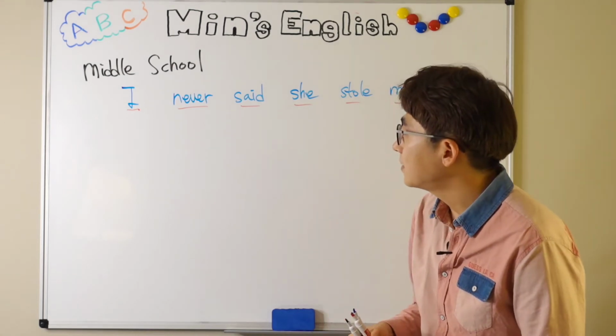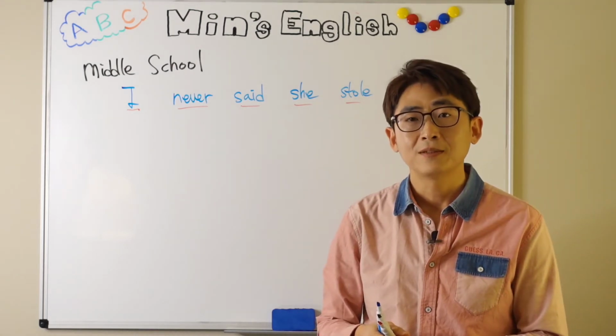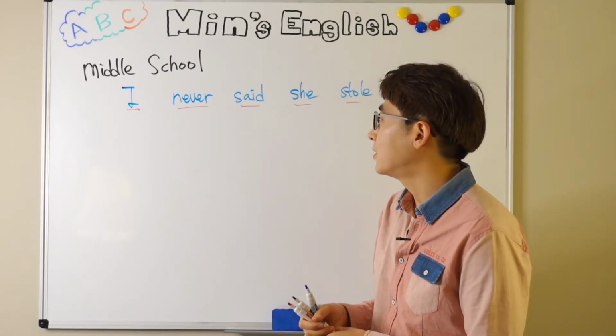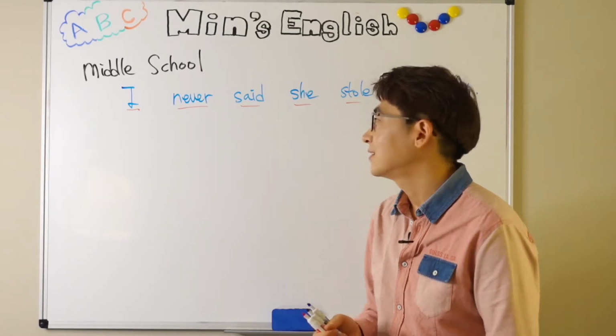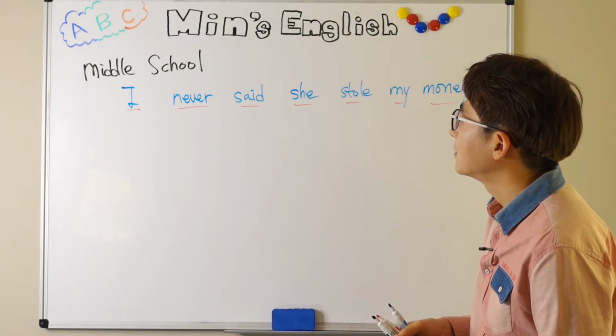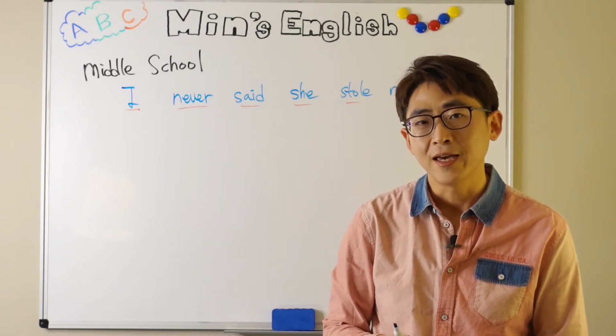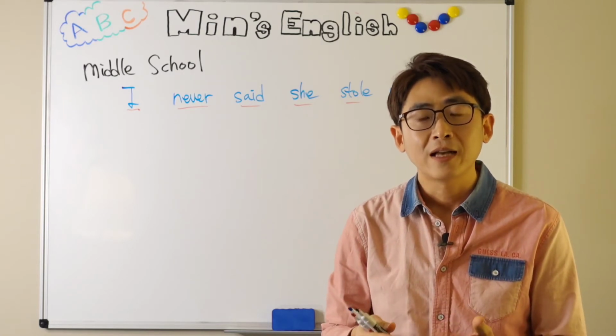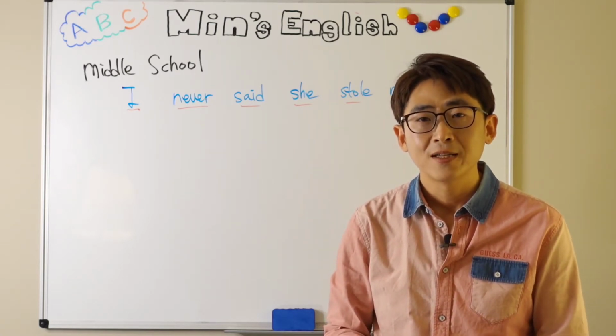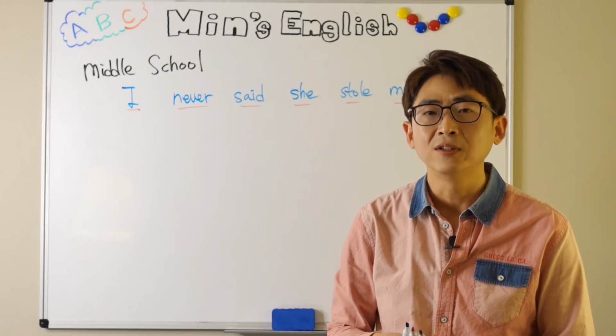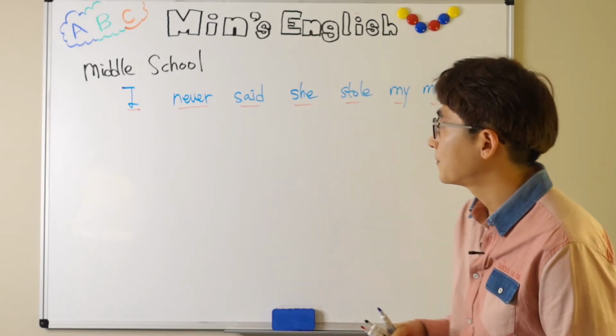Okay, time is up. Did you get all the 7 different meanings? If not, that's okay. I'll show you how. English is a stress-based language, and where you put your emphasis or stress is super important. It can alter the meaning of a sentence.